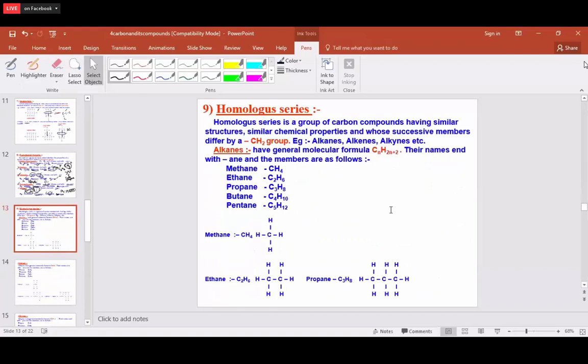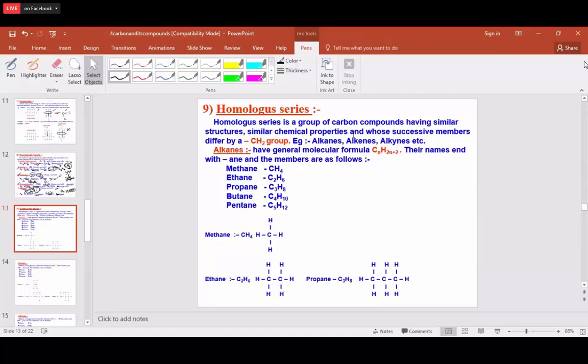Okay. So next one is the homologous series. The homologous series is a group of carbon compounds having similar structures, similar chemical properties, and whose successive members differ by the CH2 group. So that we call a homologous series.